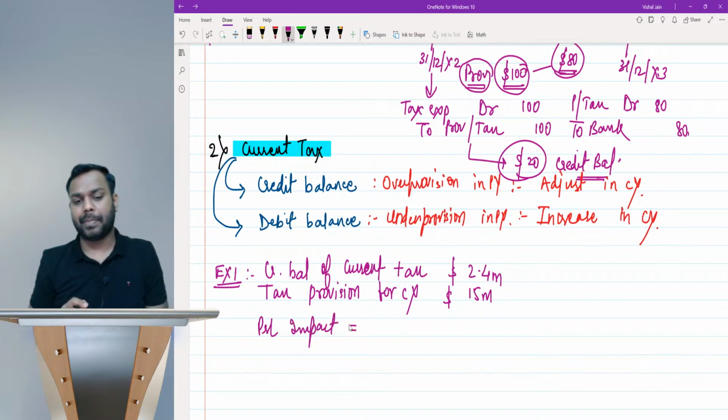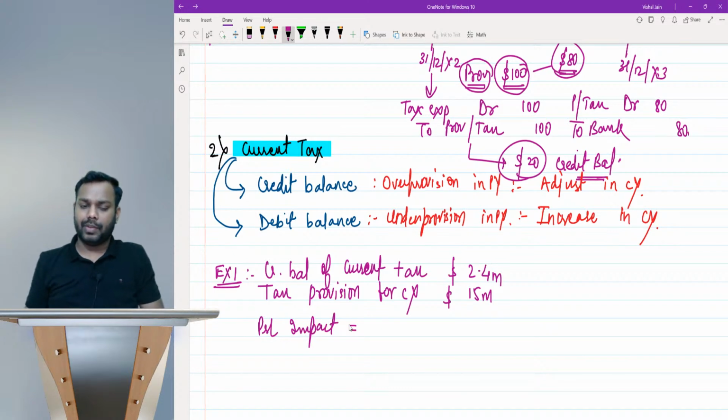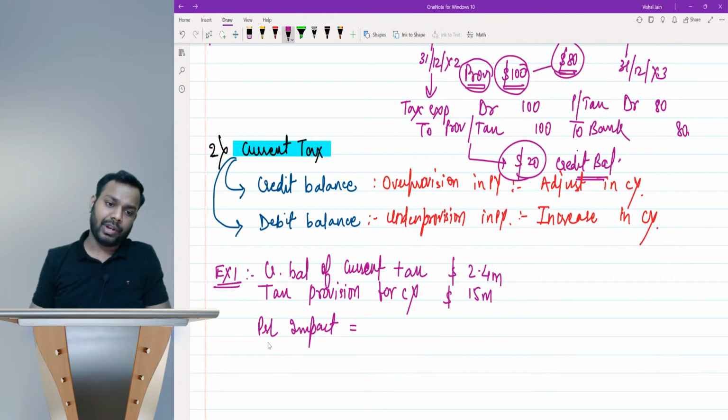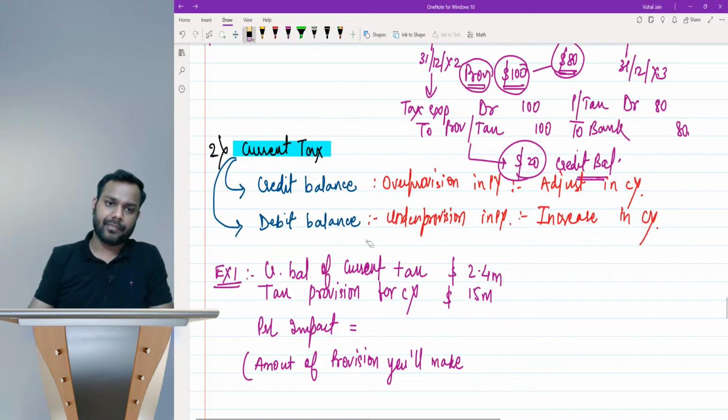Tell me what is the P&L impact, that is, what is the amount of provision that you will make in the current year.